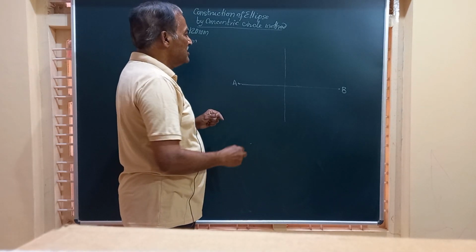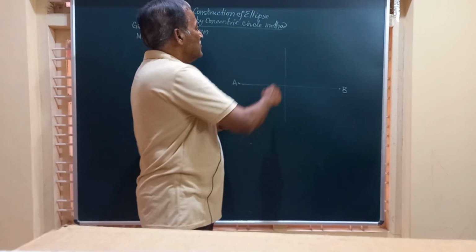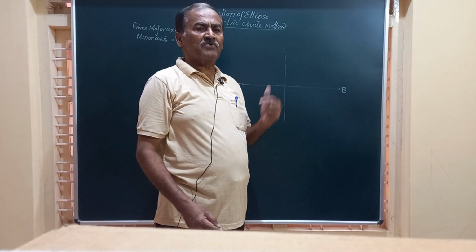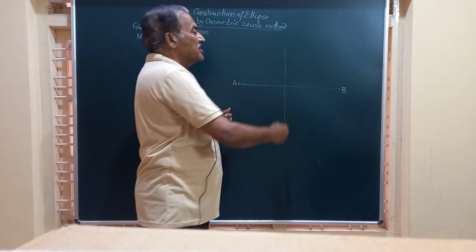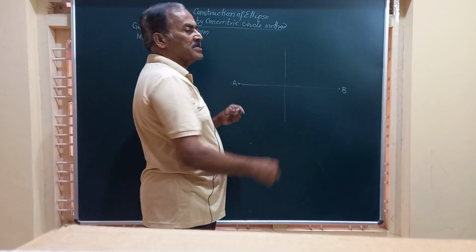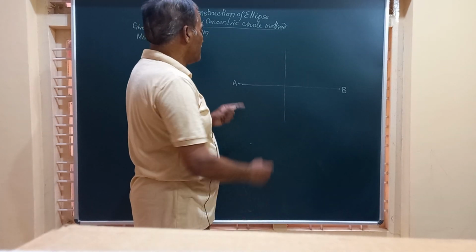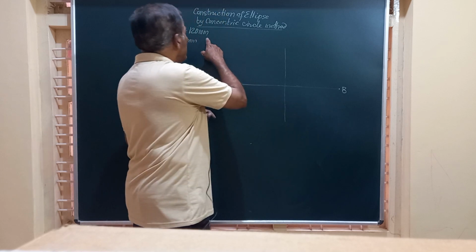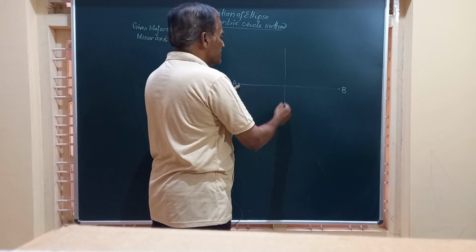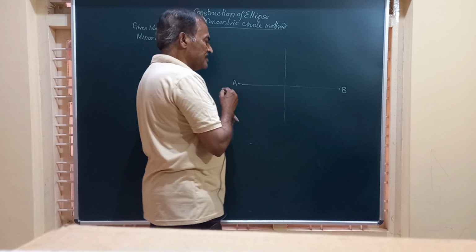This is the major axis of the ellipse, and on the same line we have to mark the minor axis of the ellipse, exactly in between A and B; this vertical line should come. Friends, after drawing this line AB equal to 120 mm, the major axis, I just mark this vertical line on which you are going to mark the minor axis.